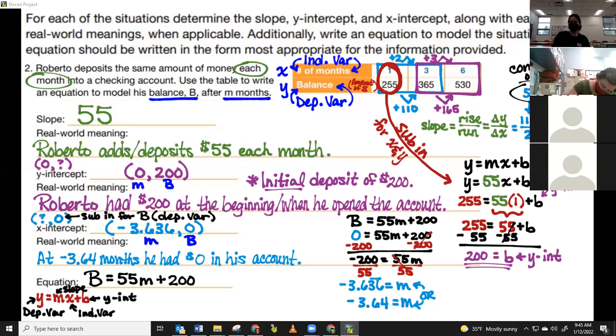Doesn't really make sense in our context.